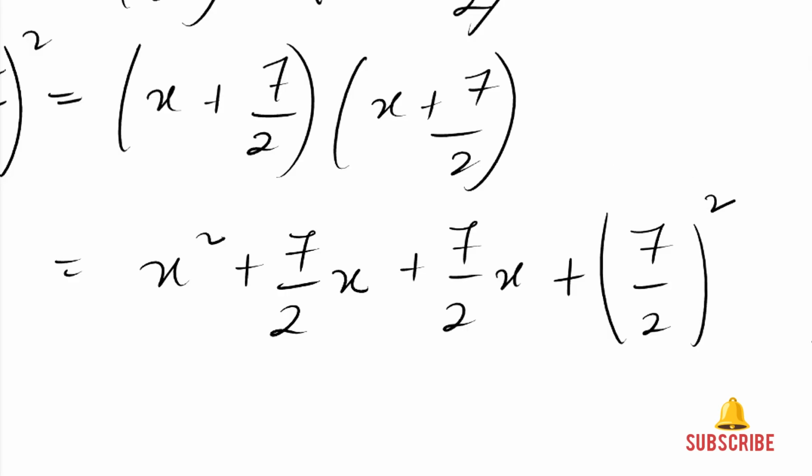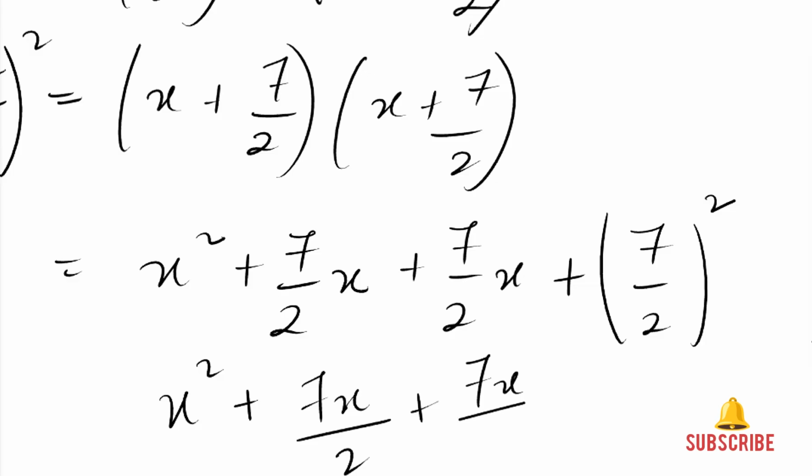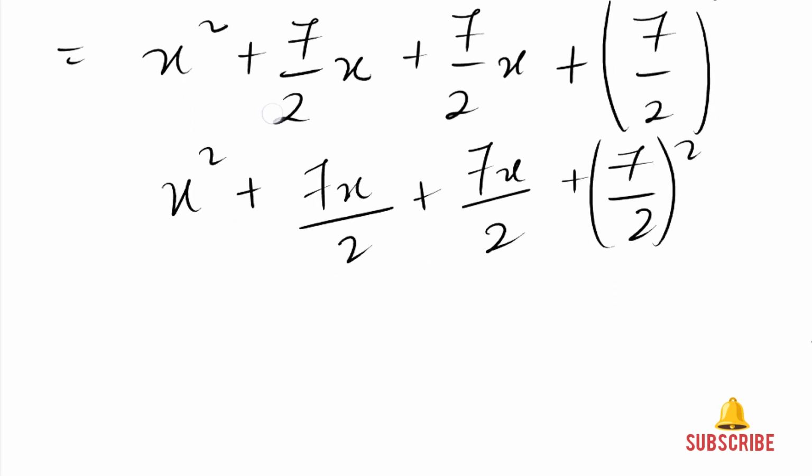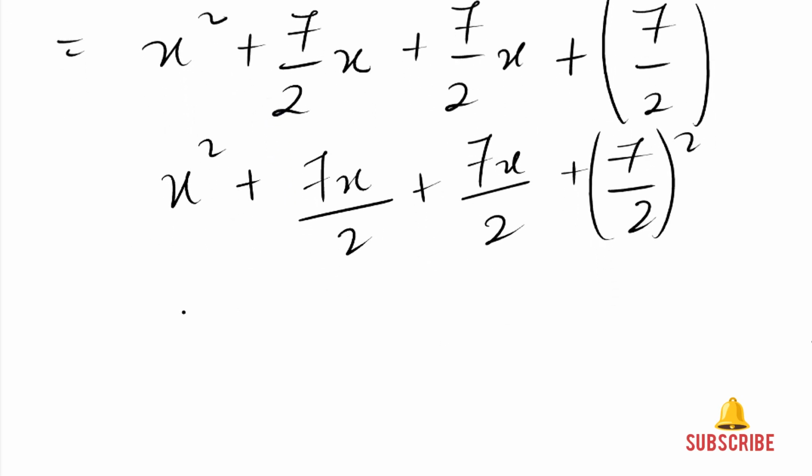That's plus 7 over 2 squared. So we have x squared plus, this and this are the same. So what is 7 over 2 plus 7 over 2? We can write it as 7x over 2 plus 7x over 2, which is still the same.